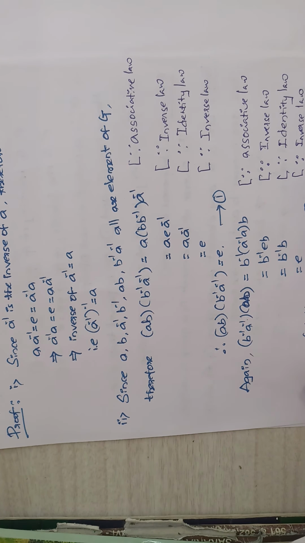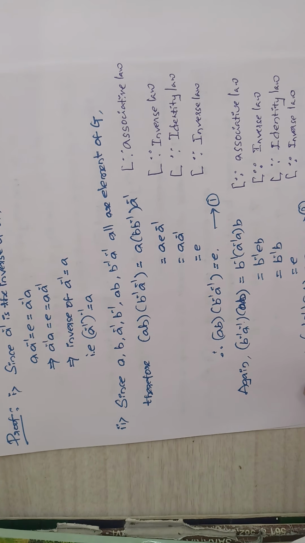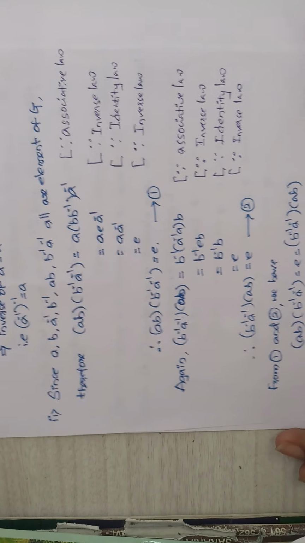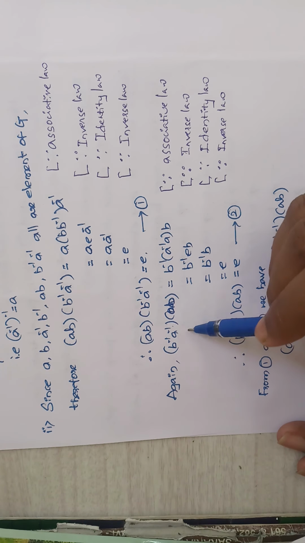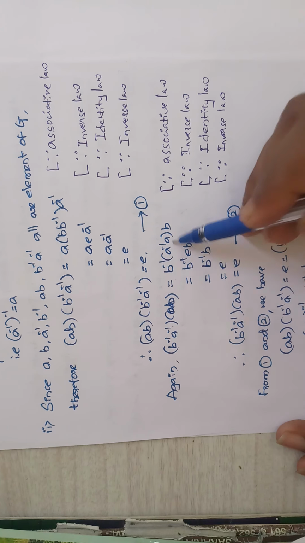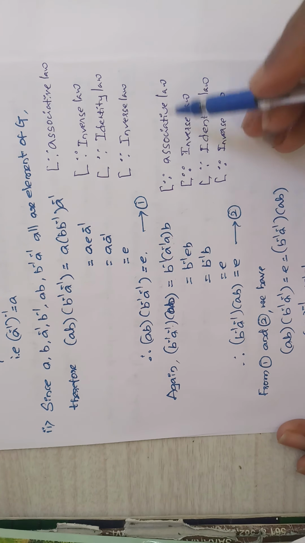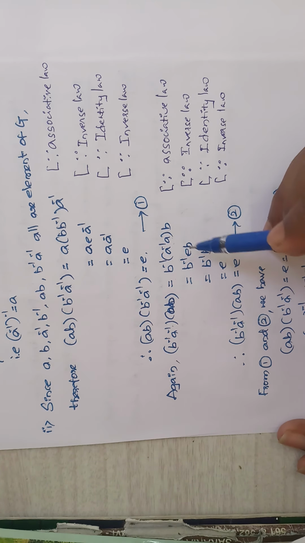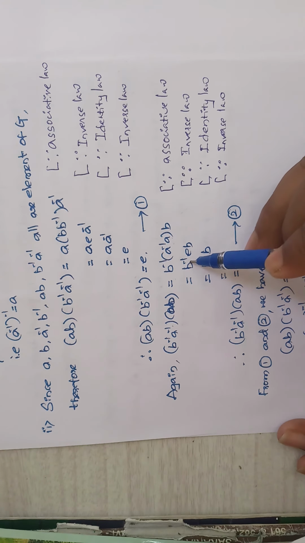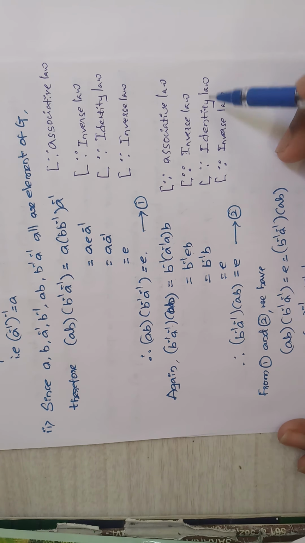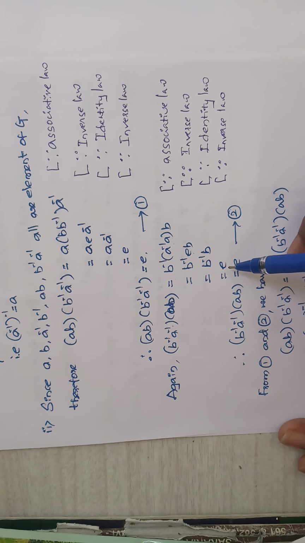So here, b inverse a inverse into ab is equal to b inverse into a inverse a into b because of associative law. a inverse into a is equal to e because of inverse law. b inverse into e is equal to b inverse, that is identity law. b inverse into b is equal to e because of inverse law. Therefore, b inverse a inverse into ab is equal to e.